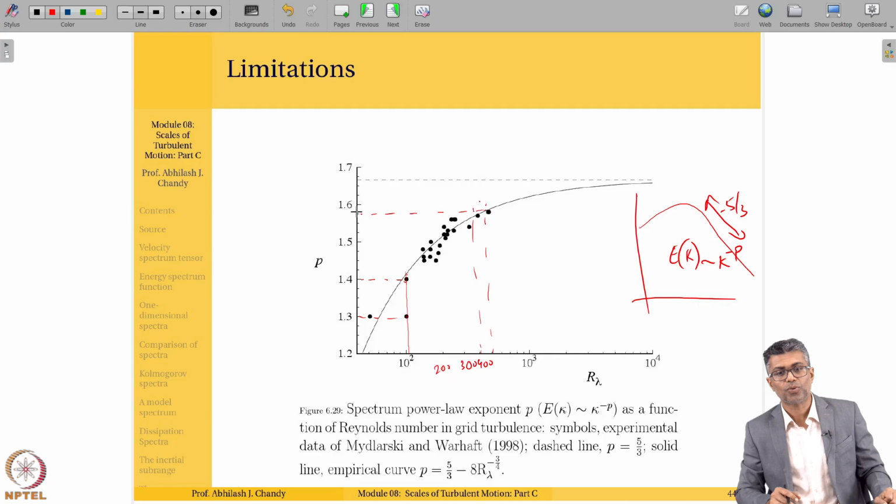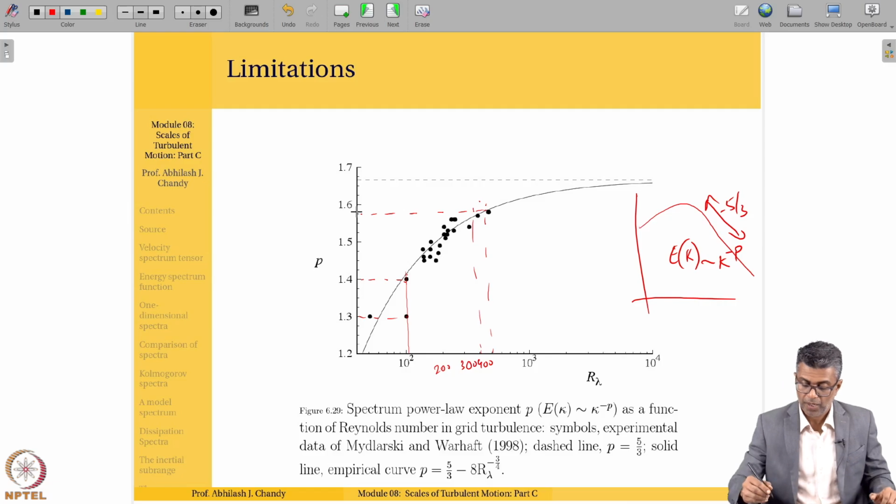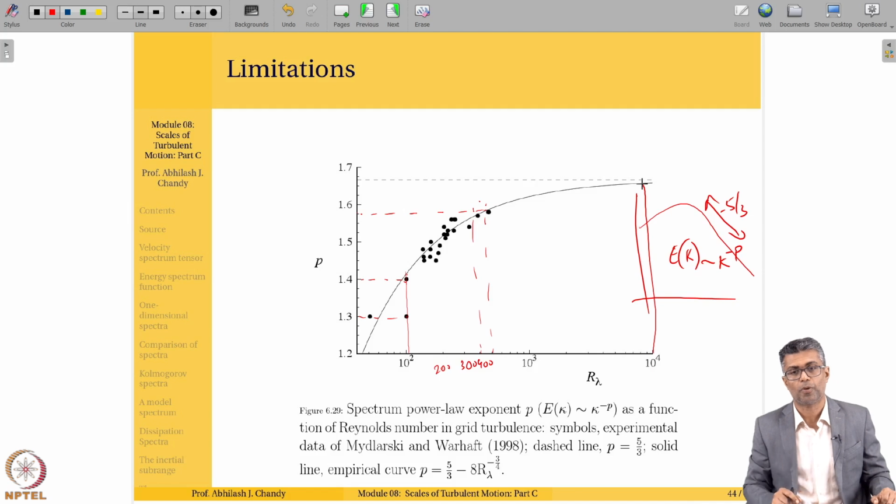So that tells you that for it to be close to 1.67, 5/3, as we think it should be, the R lambda should be close to 10,000. Then it will be close to 1.67. So that is how high R lambda has to be.